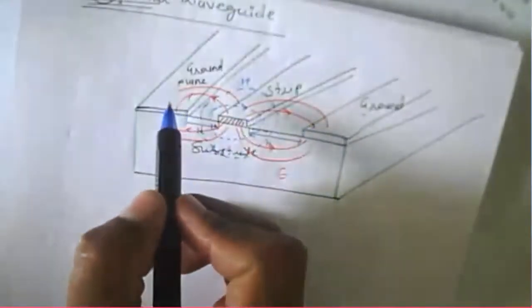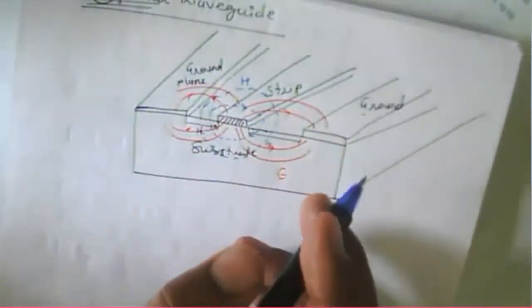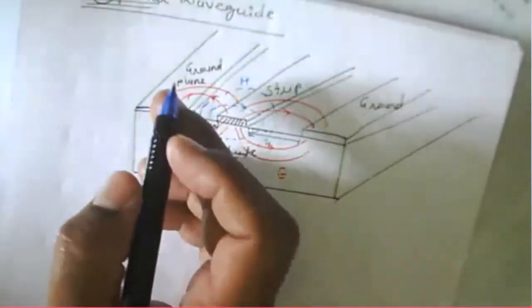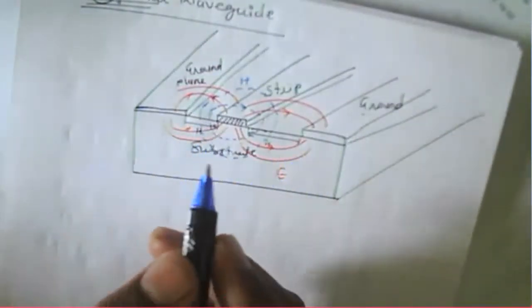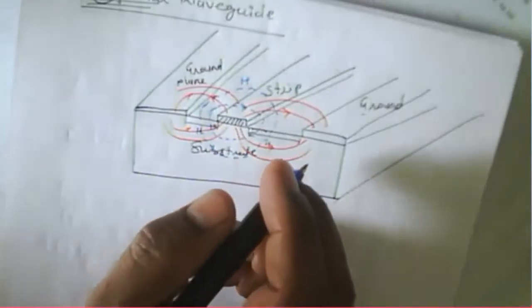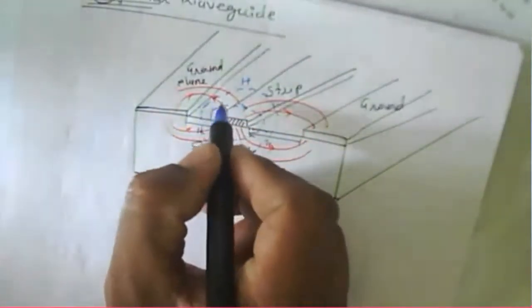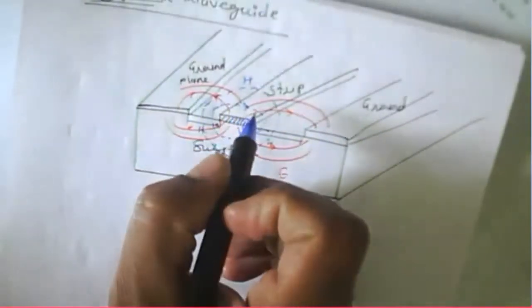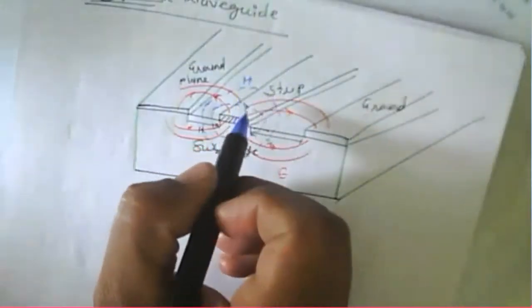Now there are some disadvantages for this particular circuit. First, the advantages: we can easily connect a component, or we can easily do a transition from the microstrip line to a coplanar line, or from one line to another line. That will be possible.